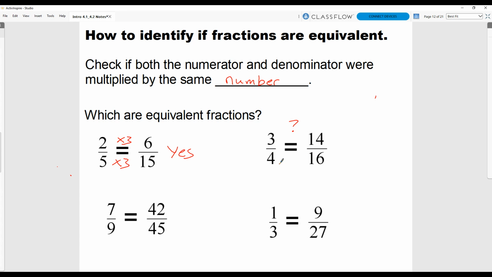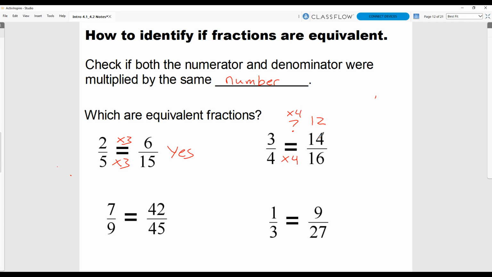All right, 4 to 16. To go from 4 to 16, I need to multiply by 4. So 4 times 4 gets me 16. Then I'm going to check this up here. If I try 4 up here, 3 times 4 ends up getting me 12, and it doesn't get me 14.